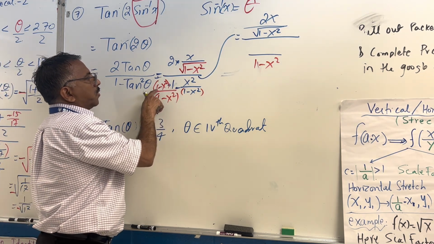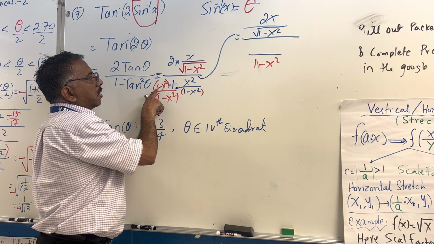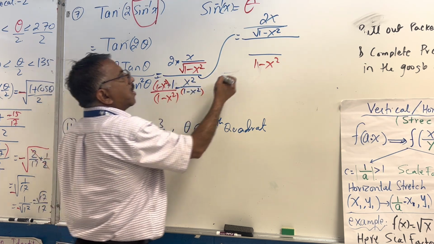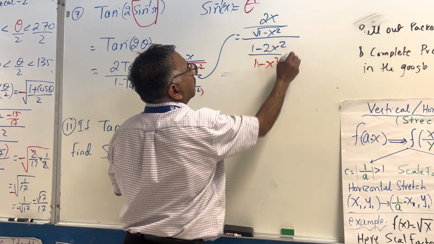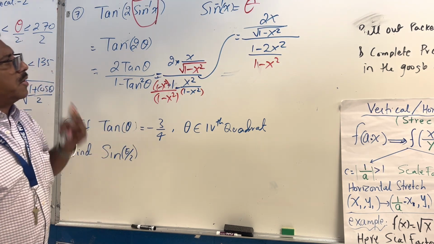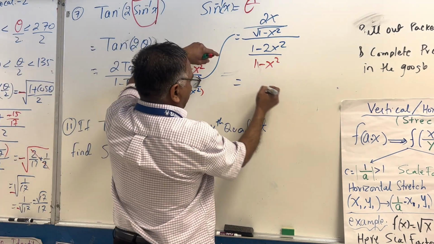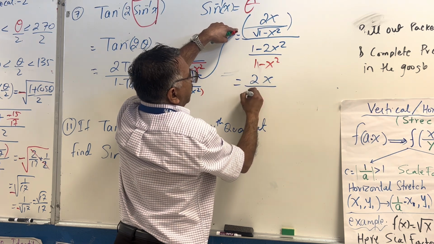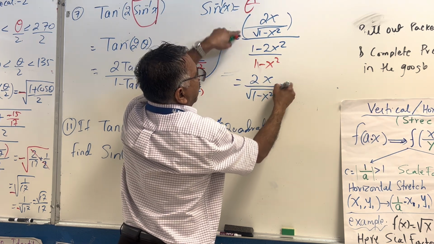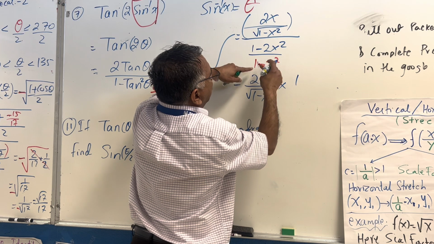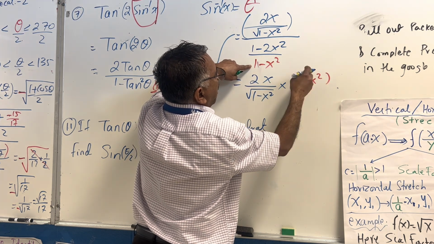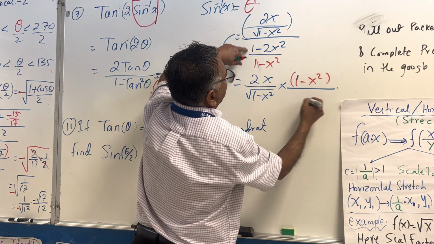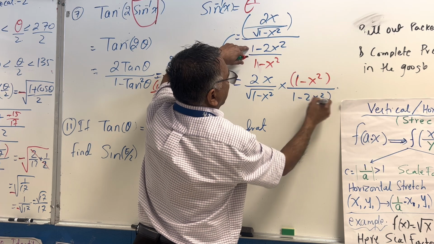So there's a 1 and then minus x squared, two of them, so 1 minus 2x squared. And then finally, keep change flip: I'll keep the numerator as it is and change the denominator. The 1 minus x squared goes up and 1 minus 2x squared remains down.